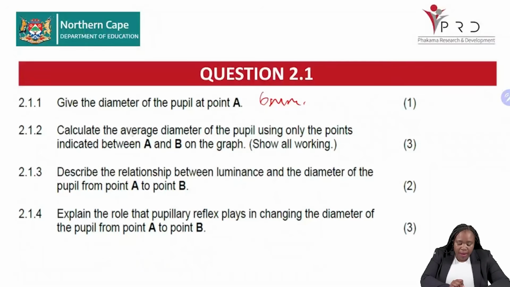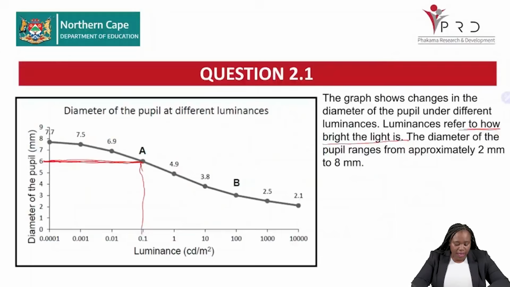So here we are calculating the average diameter using only the points between A and B. Now let's have a look at the points between A and B. We only have 4.9 and 3.8, right? So this simply means that you are going to say 4.9 plus 3.8 divided by 2. Every time you get your average, you will add the different values that you have, and then you will divide by the total number of values.